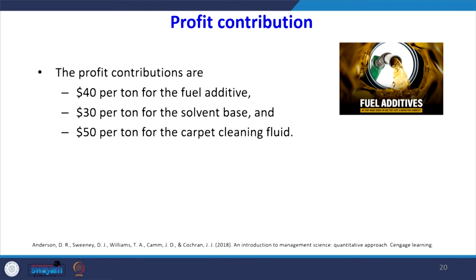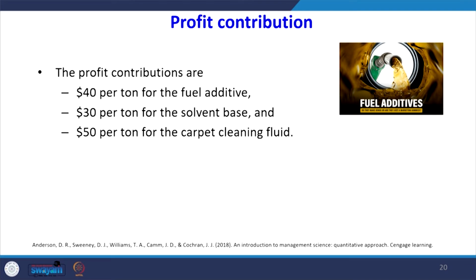The profit contributions are $40 per ton of fuel additive, $30 per ton of solvent base and $50 per ton of carpet cleaning fluid.